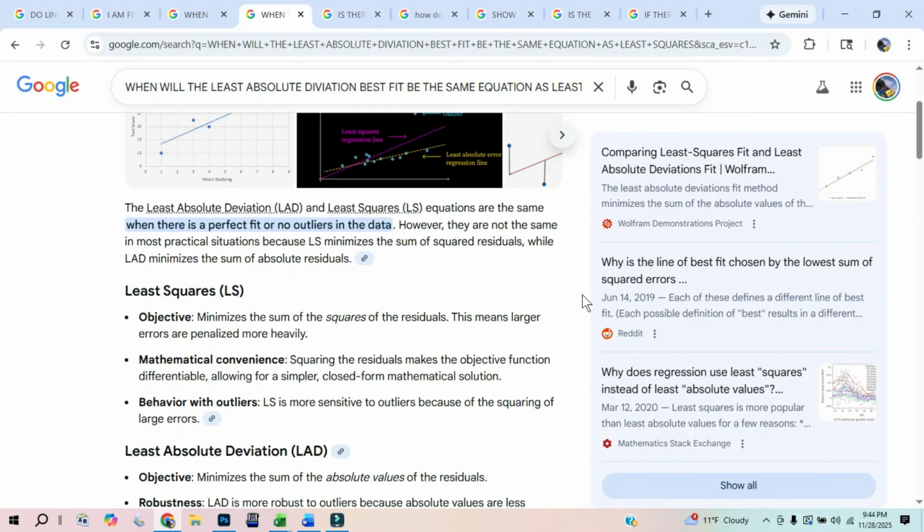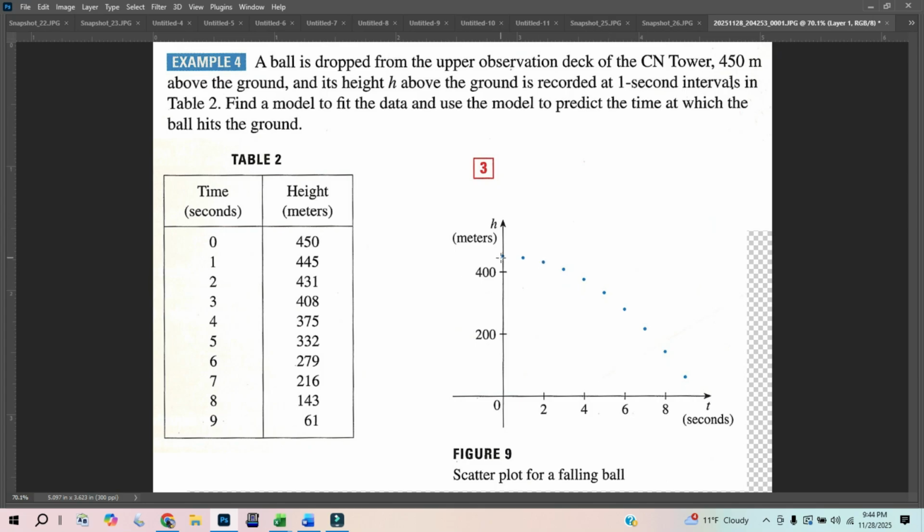The only way this is going to be a perfect fit is if I have a quadratic equation that hits all of these points, and that's where there are no outliers. So there is going to be a difference, because even the equation that we get has error here. I could do this complicated process to get a different equation that accounts for all these experimental points being a little bit high, a little bit low.